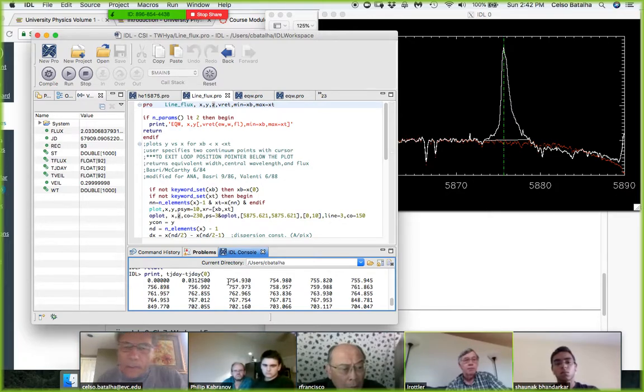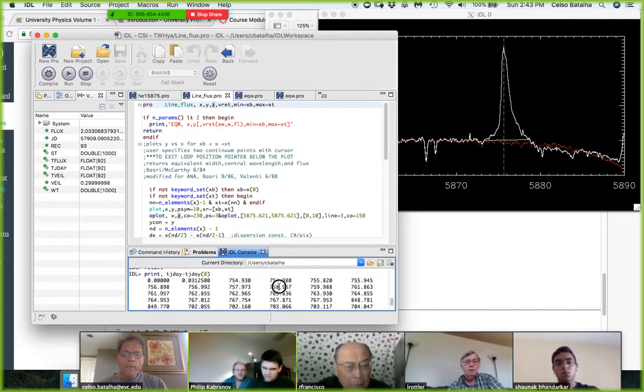So see how interesting the data is. See these numbers here? These are two observations done in the same night. This is the next night, two observations, and then the following night, two observations, and then the following night. So we have basically one night, two, three, four, five, six, and then jump two, right?